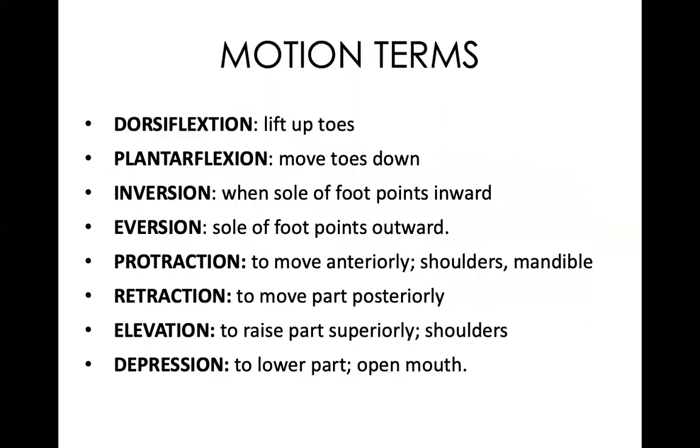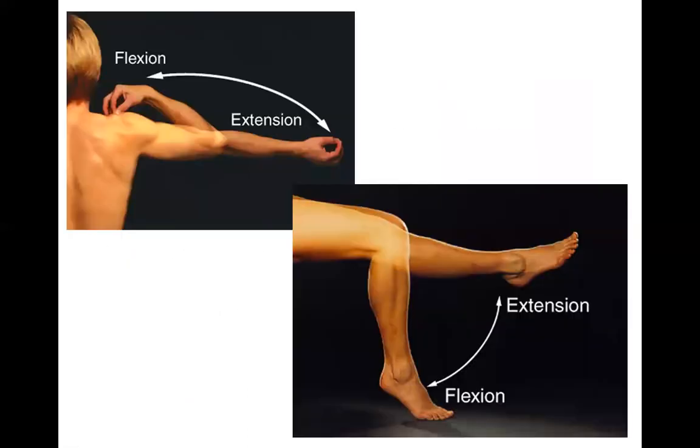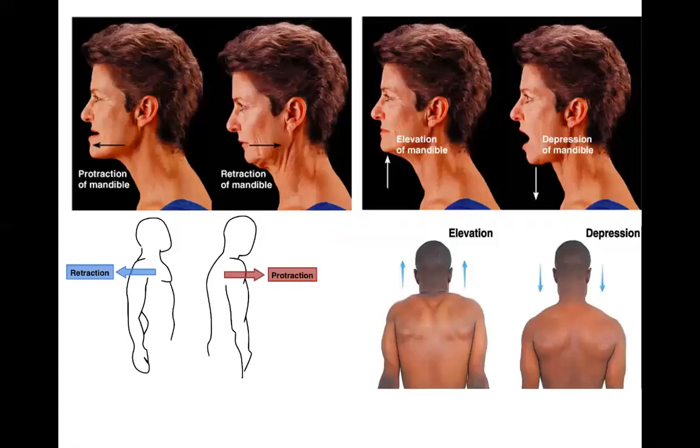Other words that we have are protraction versus retraction. Protraction is moving a structure anteriorly versus retraction is moving it posteriorly. The best examples for protraction and retraction are associated with the shoulders and mandible. So let's take a look at that one.